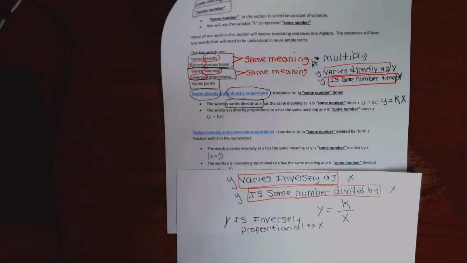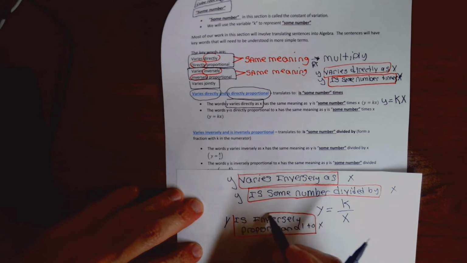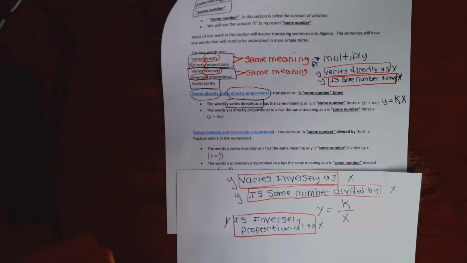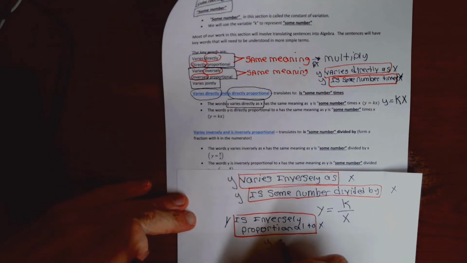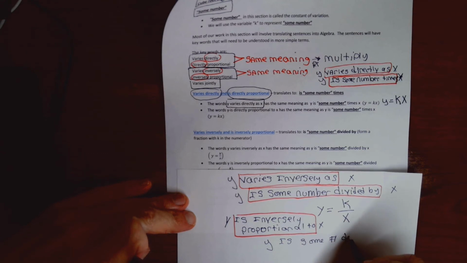And if I see those words, I'm going to take the words "is inversely proportional to" and change them to y is some number divided by x.